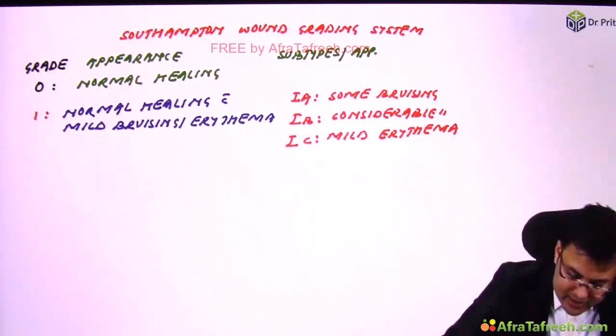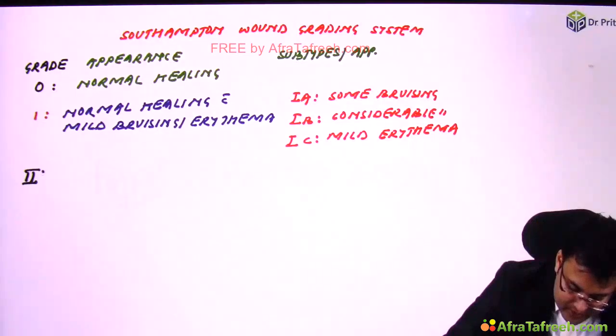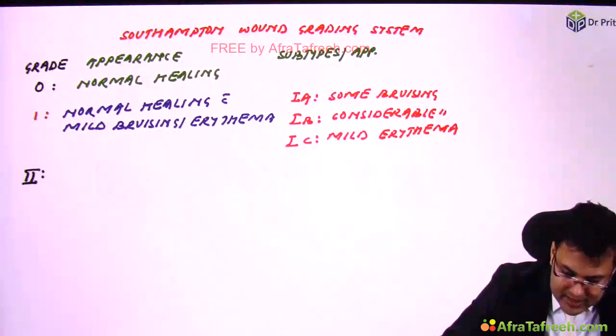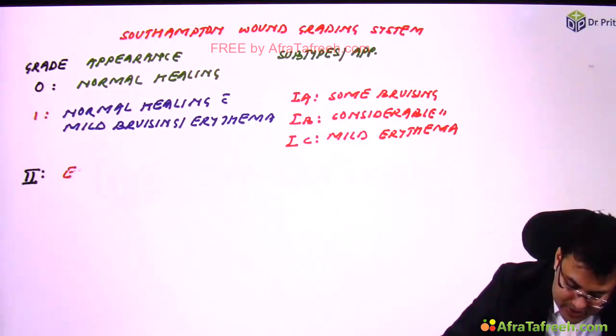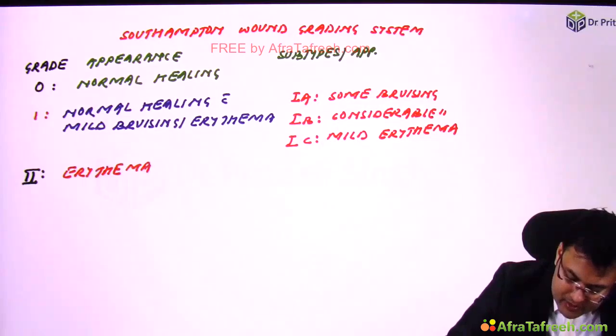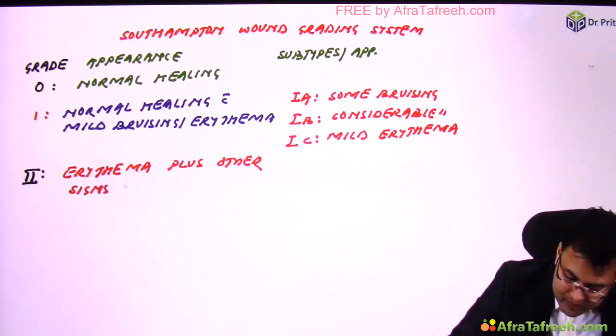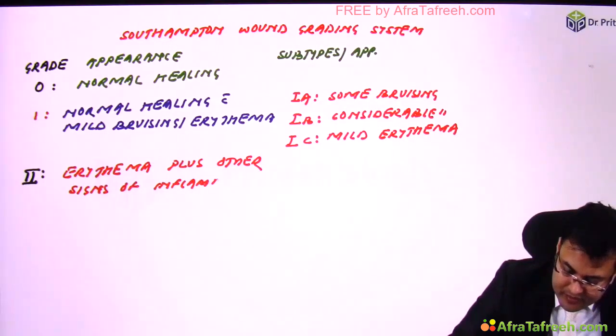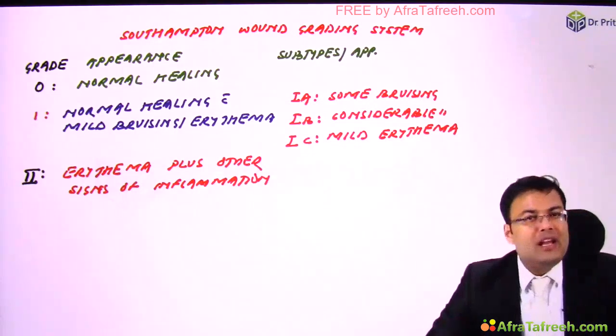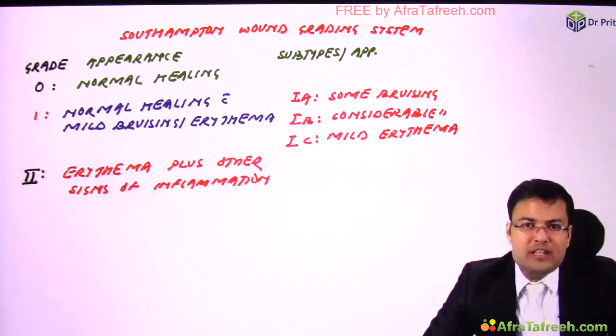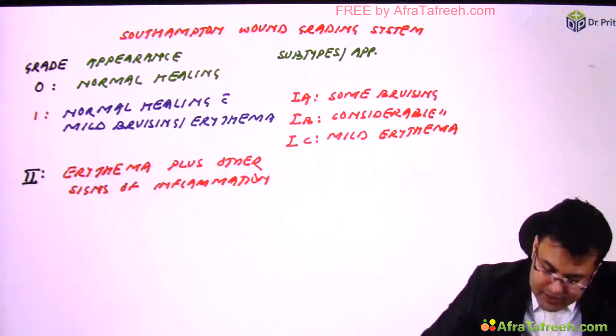After that, grade 2. In grade 2, there is erythema plus other signs of inflammation. Now it's further divided into 2A, 2B, 2C, 2D.